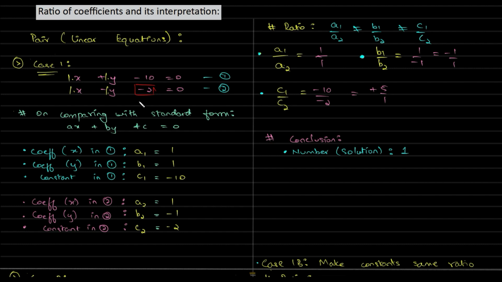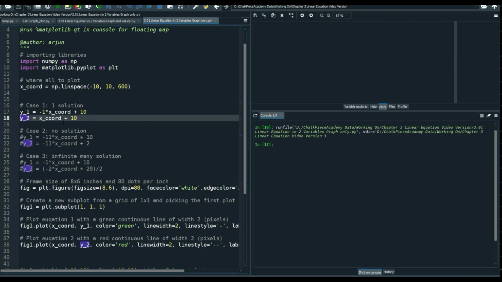Instead of minus 2, I'll take minus 10. Then the ratio becomes minus 10 by minus 10, which is nothing but 1 by 1, so c1 by c2 is the same as a1 by a2. So I want to make these two the same. If I do make that the same, what will happen?